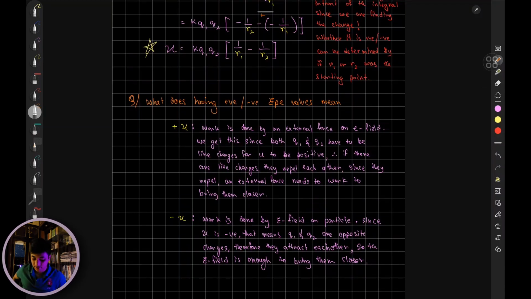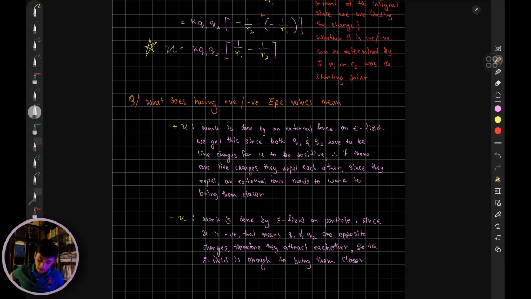What does having a positive or negative electric potential energy value mean? Right, so if you have a positive electric potential energy, mind you, positive electric potential energy, not change, work is done by an external force on an electric field. We get this since both Q1 and Q2 have to be like charges for you to be positive.